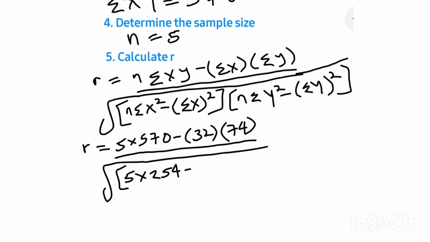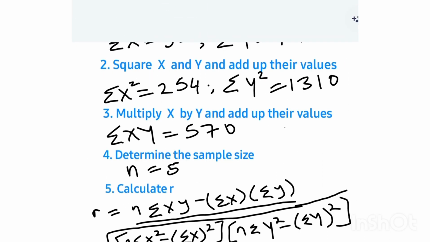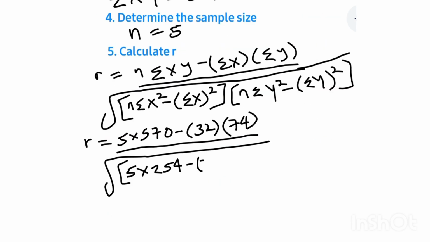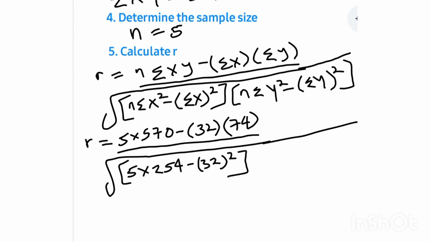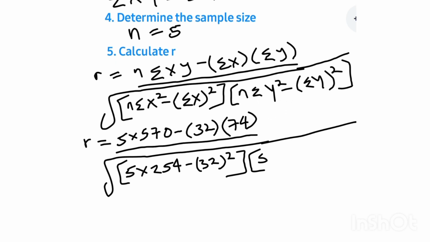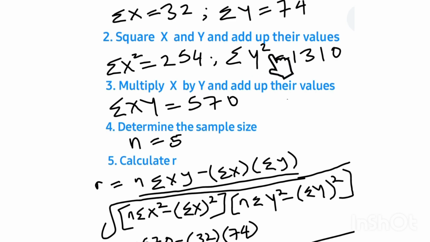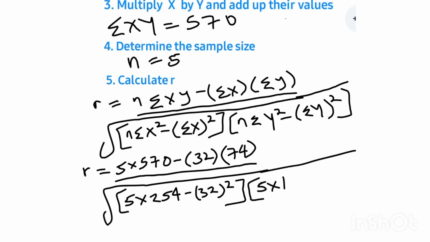We locate our summation X. Summation X is 32. Remember, we have square, and then followed by our closed square bracket. We also have our open square bracket here with n. We did say n value is 5 times summation Y square, and let's trace that, 1310. Then we record that, 1310.